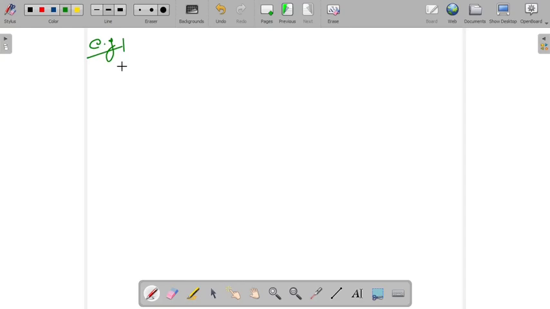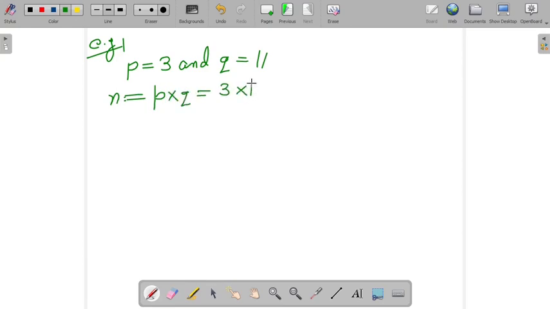Example 1. Let P be a small value. For the time being, let P equal 3 and Q equal 11. So what is the value of N? N is equal to P times Q, which is 3 multiplied by 11, so it becomes 33.